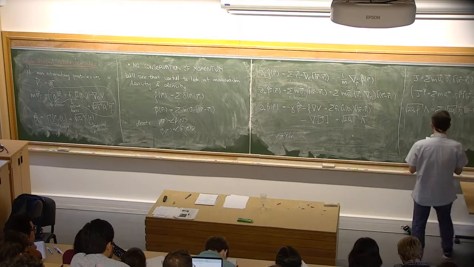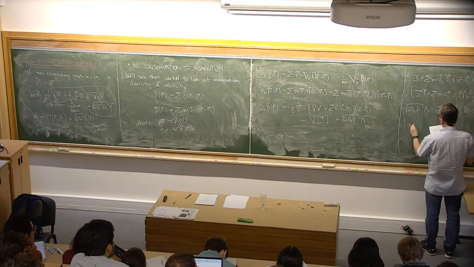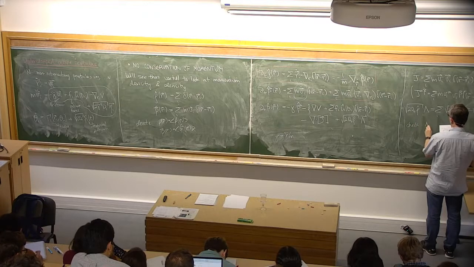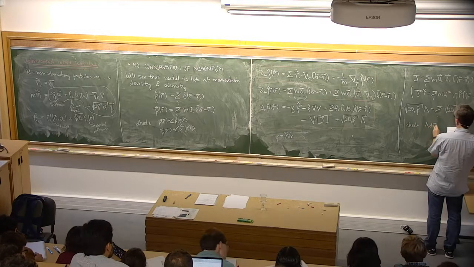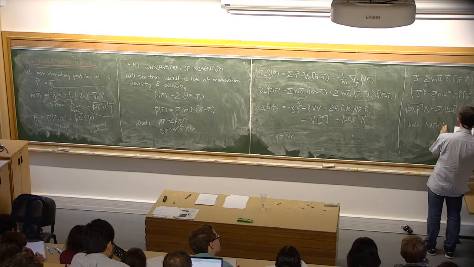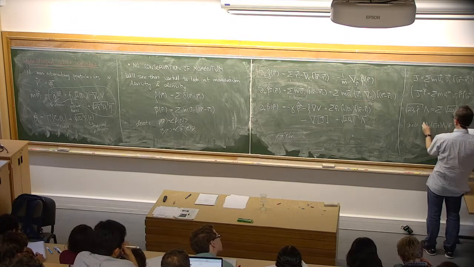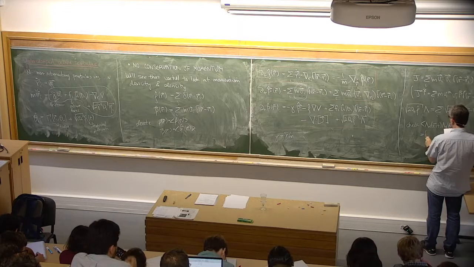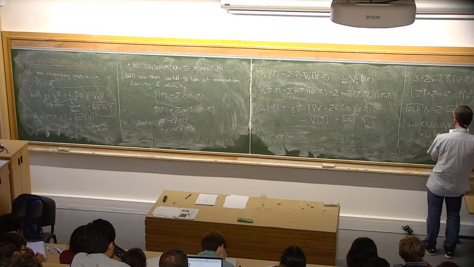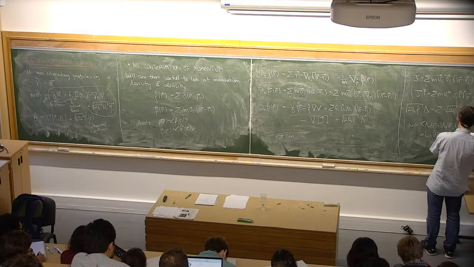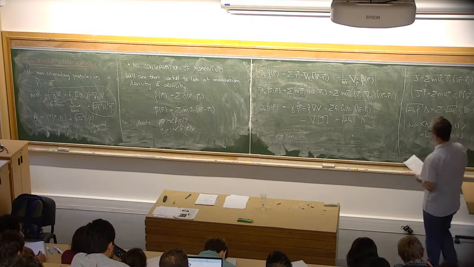And what I'm leaving for you to check is that the average of lambda alpha at (r, t) and lambda beta at (r prime, t prime) is equal to delta alpha beta, delta of r minus r prime, delta of t minus t prime.